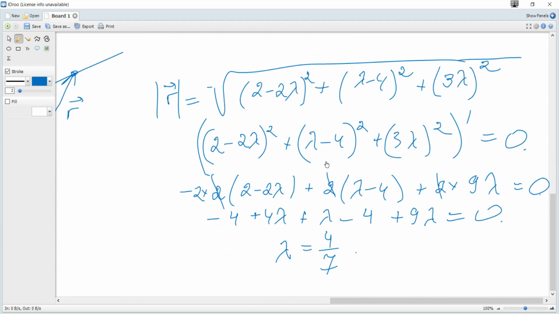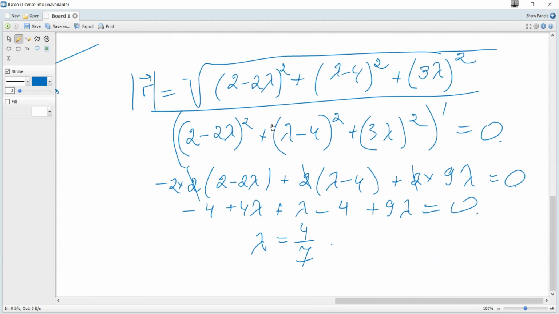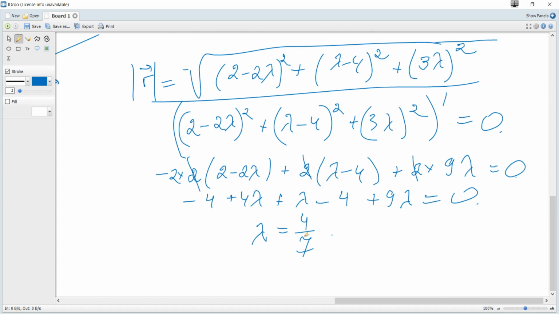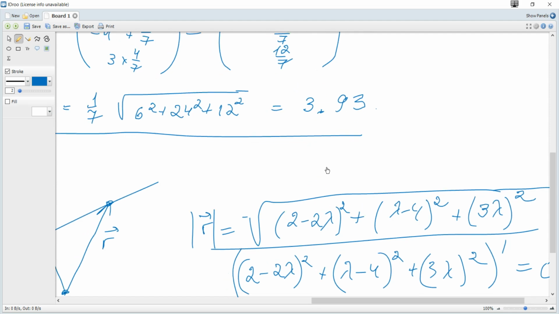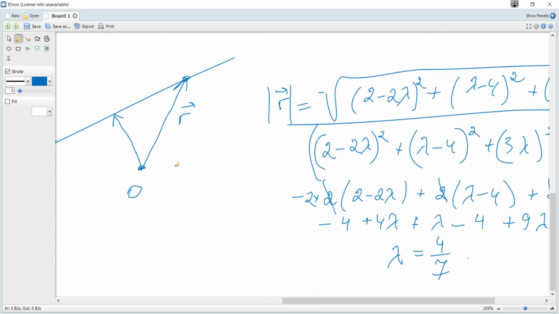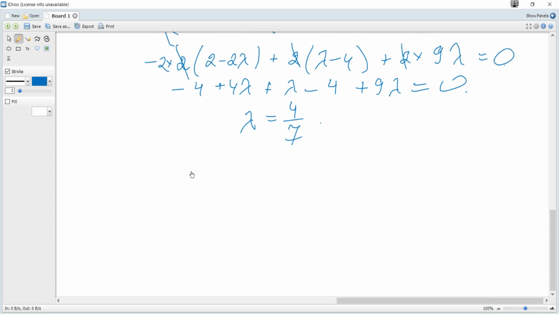You can see that it's absolutely the same expression for the magnitude, and if you substitute 4 over 7 for lambda, you will get absolutely the same magnitude of this vector, and it's the required shortest distance.